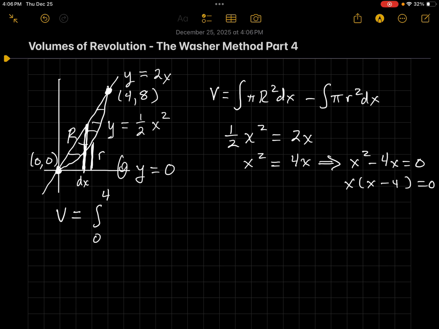So the integral from 0 to 4 of pi times my big radius squared. Radius length is big function, in this case big Y minus small y. I'm going to write it like that so that I don't forget to square the 2 and the 2x.